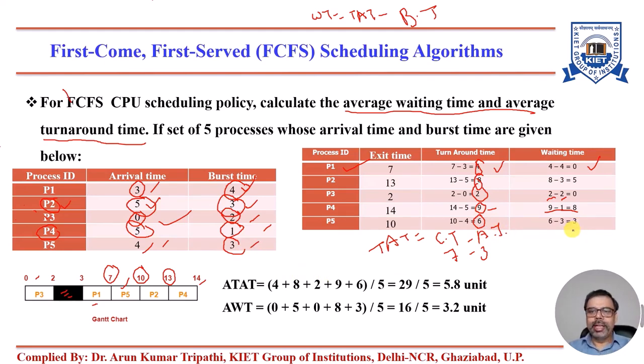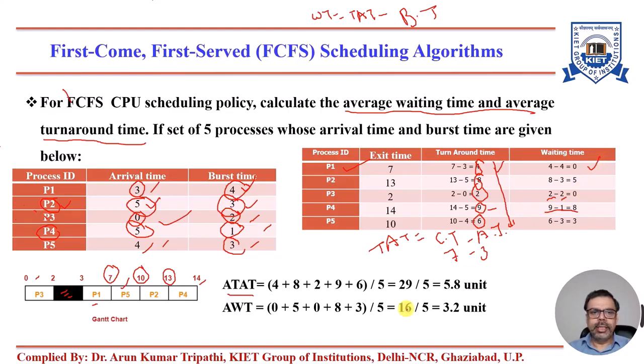Now, how can we calculate the average? It is very simple. We can add all the times and divide by the number of processes. So here it is 4, 8, 2, 9, 6 divided by the number of processes, which is 5. So I can get the average turnaround time.